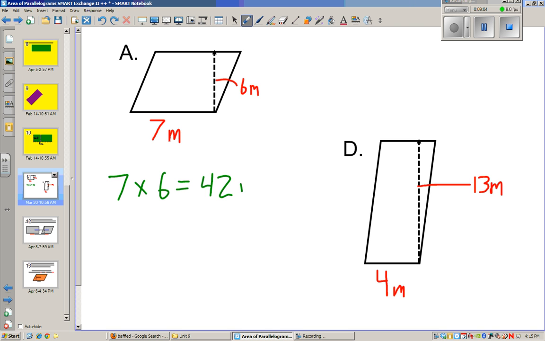We label it with meters, and we make sure that we're using square meters because we always measure area with squares. So our area for this parallelogram is 42 meters squared. Now you figure out the answer to D. Pause the video, find the area for parallelogram D, and then we'll check it.